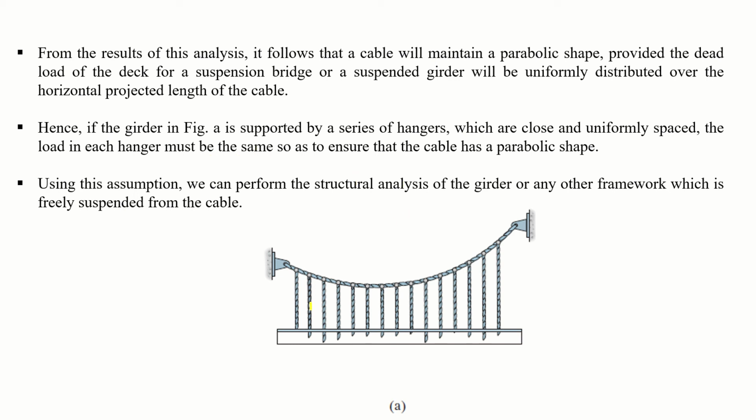Okay, so in each hanger the load will be equal, no matter how long or short the cord is. Using this assumption, we can perform the structural analysis of the girder or any other framework which is freely suspended from the cable. So, a structure which is freely suspended by this cable, and we are assuming that it has a parabolic shape.